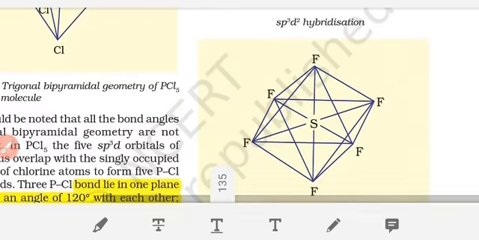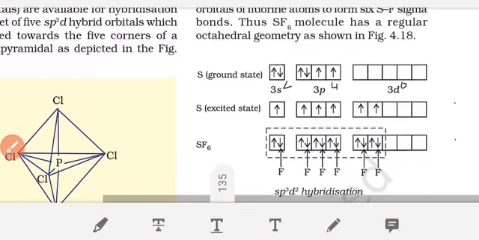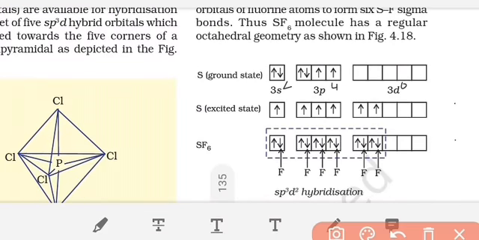In SF6, sulfur is the central atom. So let us discuss hybridization at the sulfur atom. The valence shell configuration of sulfur atom is 3s2 3p4 3d0. In the excited state, one s electron and one p electron will go to the d subshell, thereby giving the configuration 3s1 3p3 and 3d2.